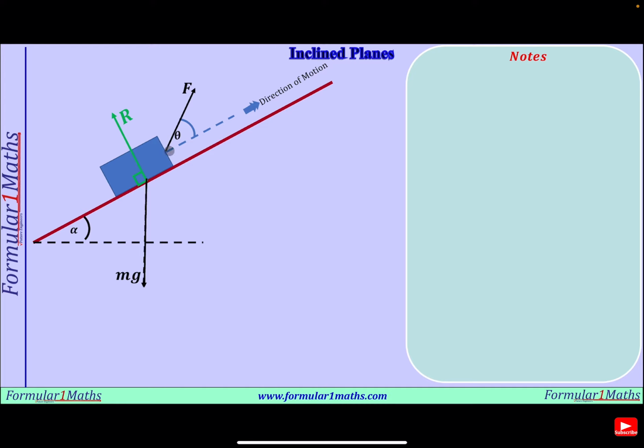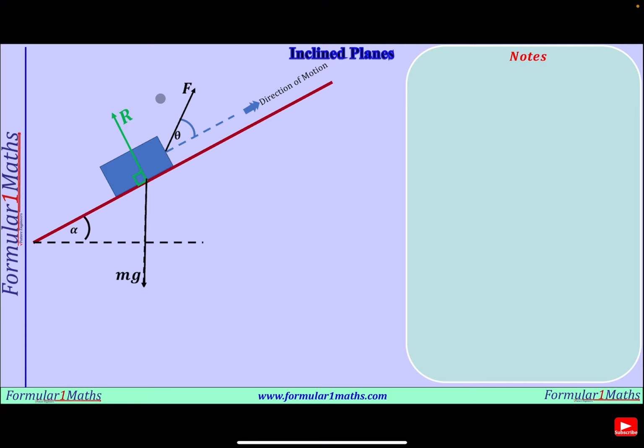In some cases, the force acting on the body is also inclined to the direction of motion. It will not always be the case, but in most cases we have this situation. We also have the weight acting vertically, like we said.